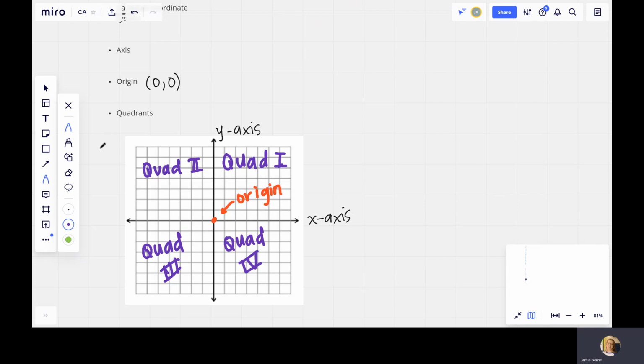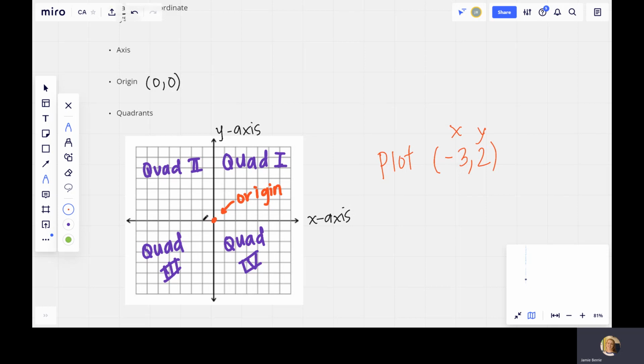All right, so I'm just going to do a really simple example here. Let's say that I want to plot the ordered pair -3, 2. All right, so this is my first coordinate, this is my x. So -3 is my x, 2 is my y. All right, so then I know that x is the horizontal axis, so I'm going to go in the horizontal direction, in the negative direction here.